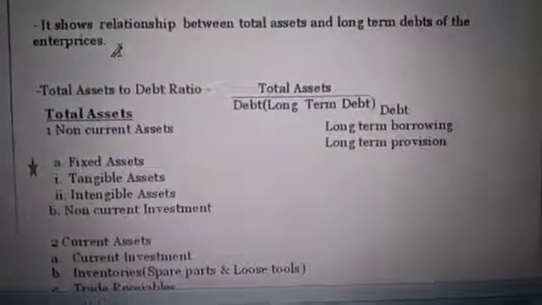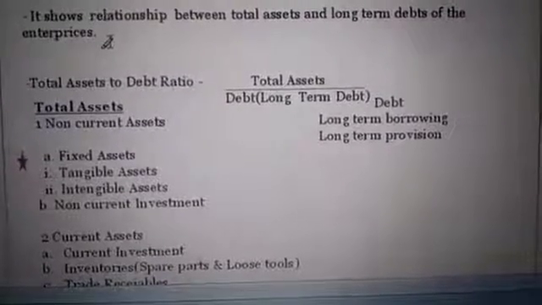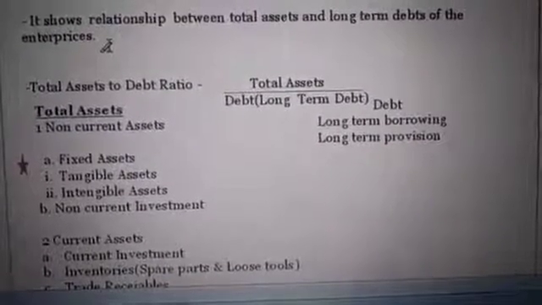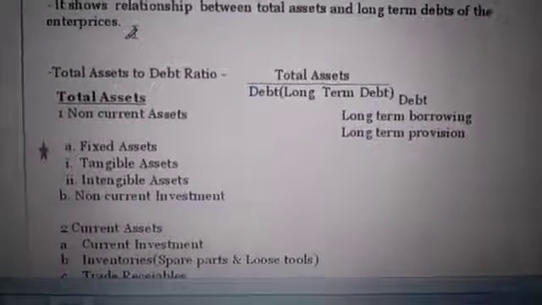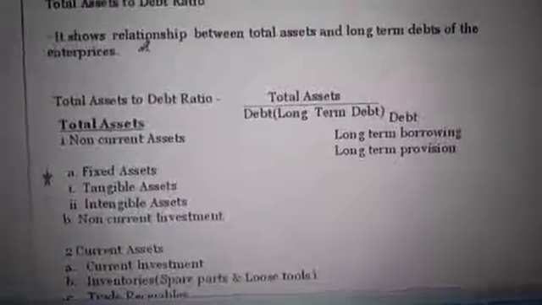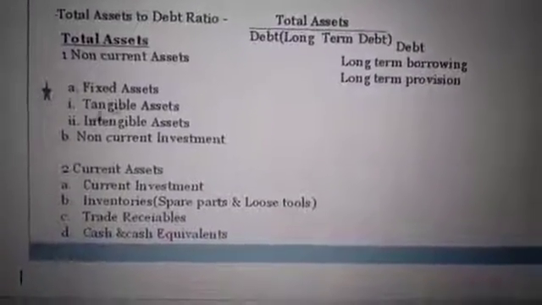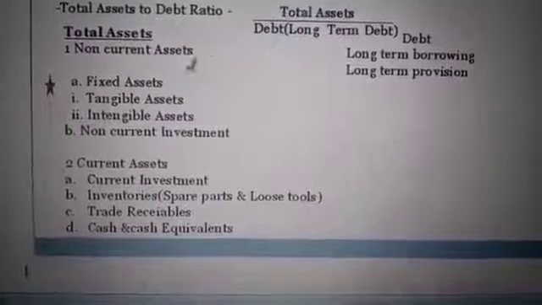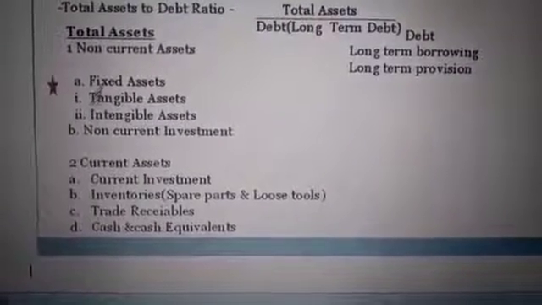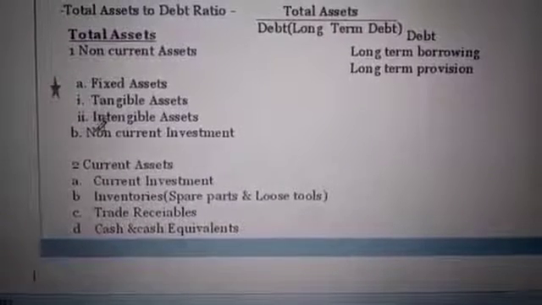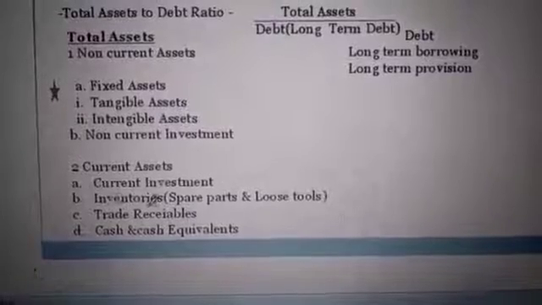If we total the asset side of the balance sheet, it will come to total assets. Here only one thing you have to focus on. If we talk about total asset in detail, it comes: fixed assets, non-current assets, fixed asset, tangible, intangible, non-current investment, current asset, current investment, inventories.